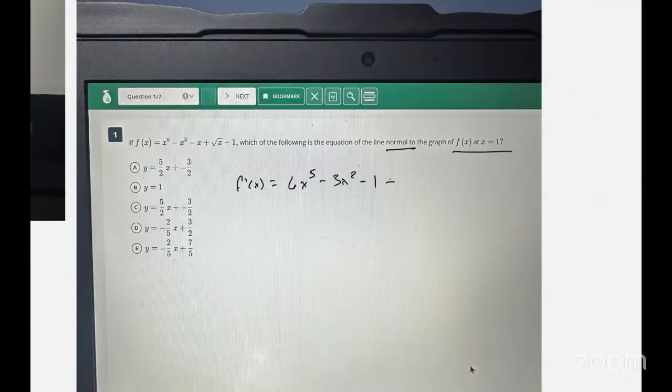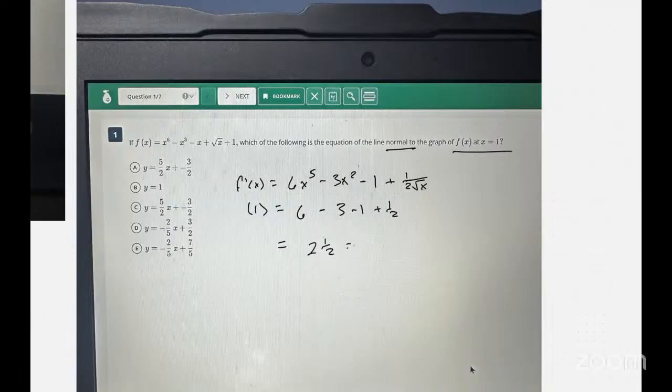Get how I did that? Yep. And then plug in 1 for that, and you're going to get 6 minus 3 minus 1 plus 1/2. So that's 2.5, just 5/2, right?